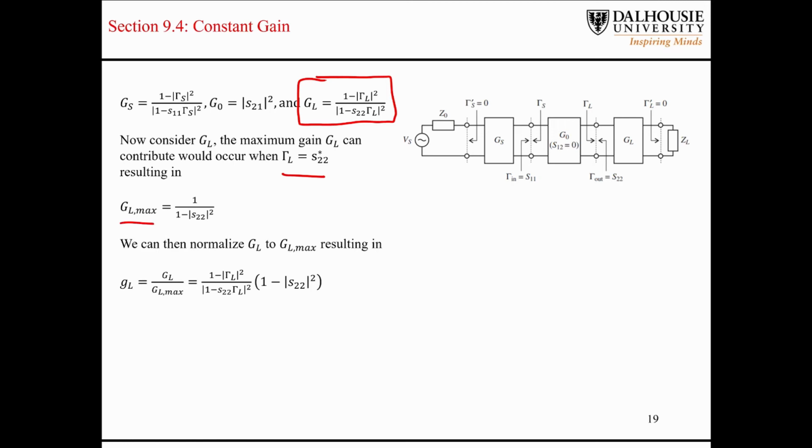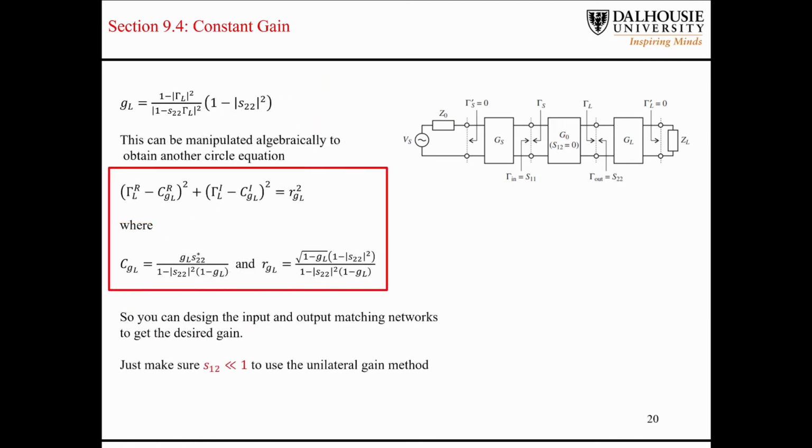We can come up with the GL max, normalize that, come up with this G sub L, and then from there you can come up with a whole other set of gain circle equations for the output matching network here. Okay, and it would be exactly the same as last time, the implementation of it. Just make sure that in order to use the unilateral gain method, S12 has to be very small.